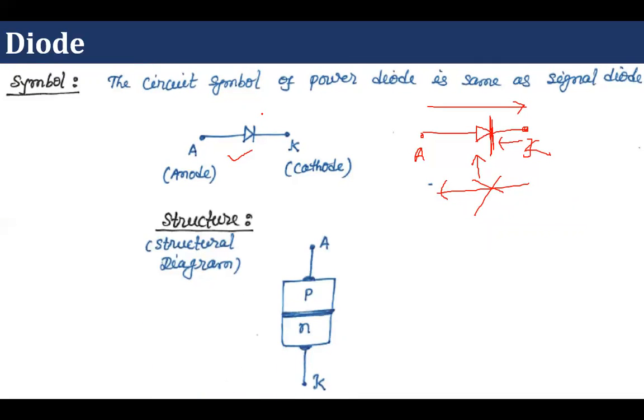Now this is the structure. We have P type, N type semiconductor material, and in between we have the PN junction, and this PN junction has the quality of a diode, and that's why this semiconductor is the PN junction diode. In the last lecture we have seen how this PN junction forms.